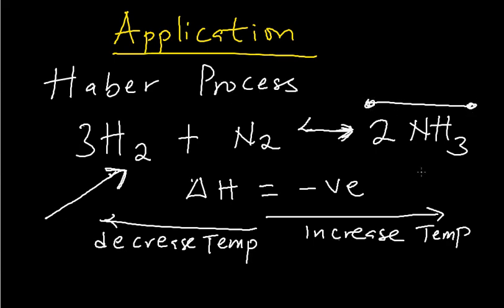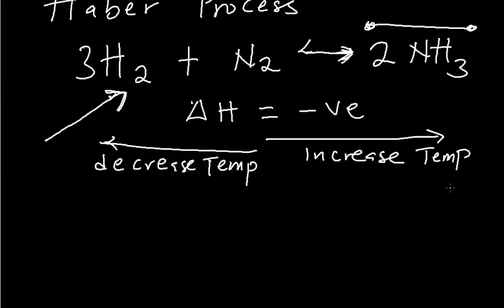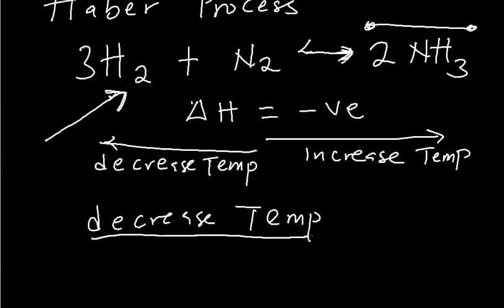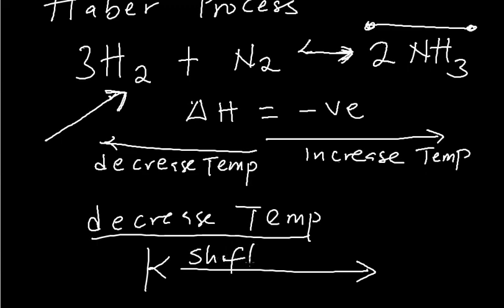What should we do to this system so that the equilibrium will shift to the right? If we decrease the temperature of the system, it will cause the equilibrium to shift to the right.